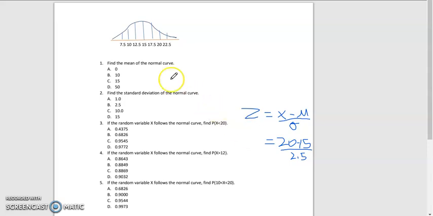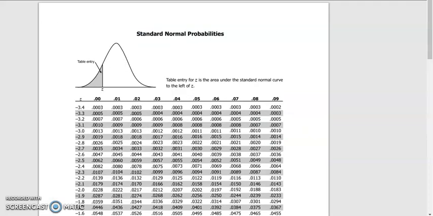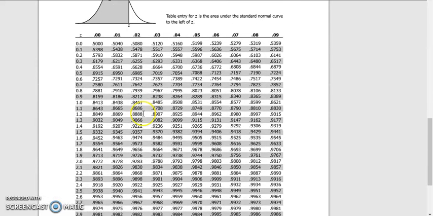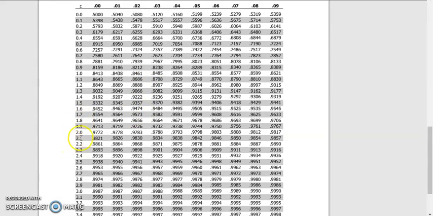So to do that, you quickly go to your z table. Now when you go to your z table, you are looking for 2.0, as you can see. This is 2.00. It gives you 0.9772, isn't it?